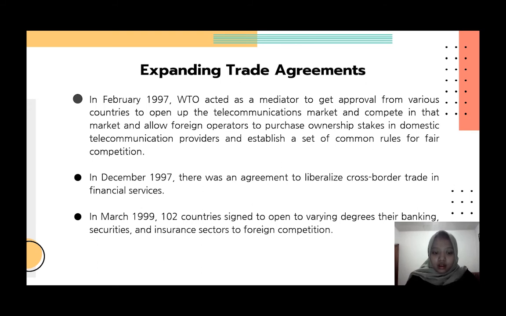In March 1999, 102 countries signed to open to varying degrees their banking, securities, and insurance sectors to foreign competition. 70 countries agreed to dramatically lower or eradicate barriers to foreign direct investment in their financial service sector. As part of the deal, many Asian countries made important concessions that allow significant foreign participation in their financial service sector for the first time.